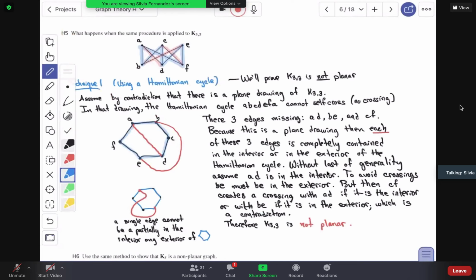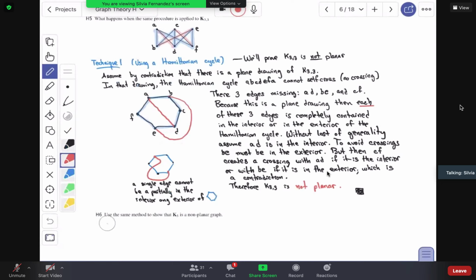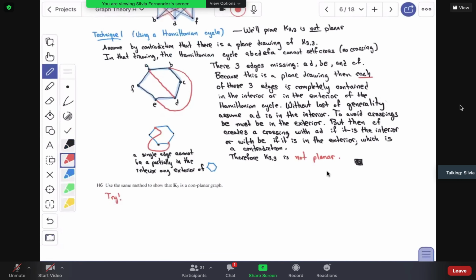Okay. So this is the first technique that we're going to see. K33 and K5 are the smallest graphs that are non-planar, and they're very special because, as we're going to see later, they're essentially contained in a very special way in any non-planar graph.